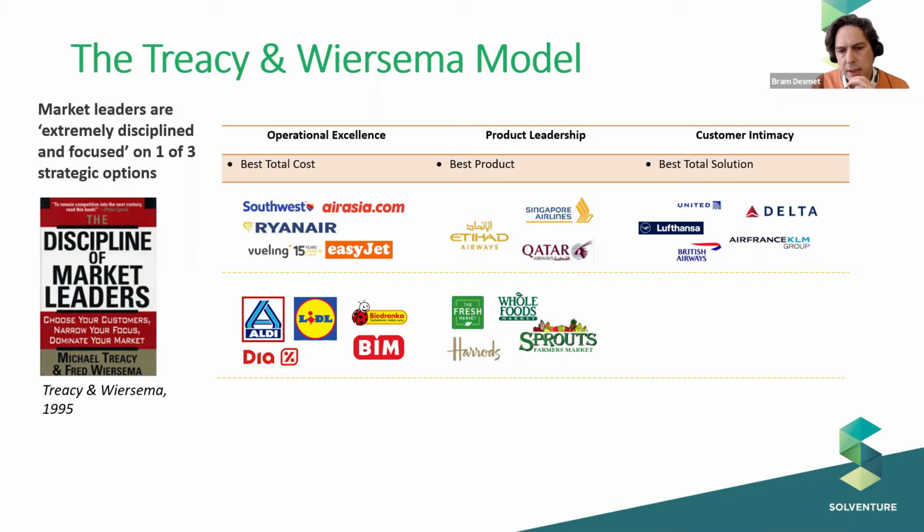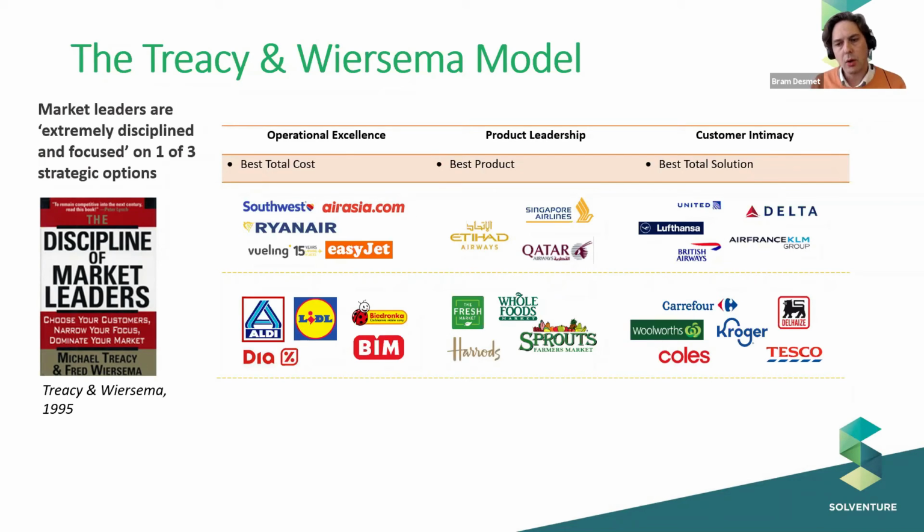It's also an upscale retail positioning. Customer intimacy, total solution. The traditional supermarket. You can do all your shopping for the full week with me. I have a combination of A, B, and C brands. So depending on whether you want the mozzarella for a pizza or for a starter, I even have different levels of quality in the portfolio.